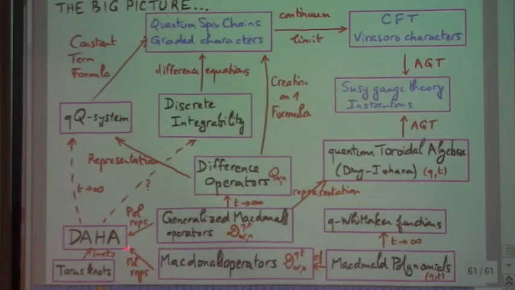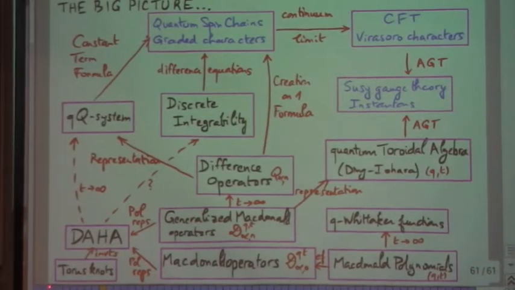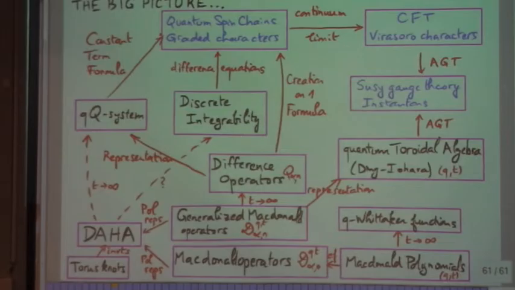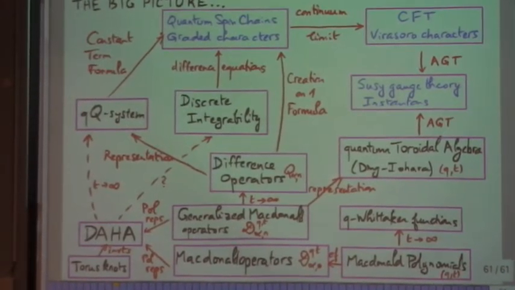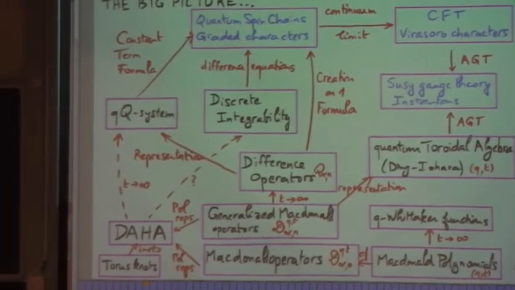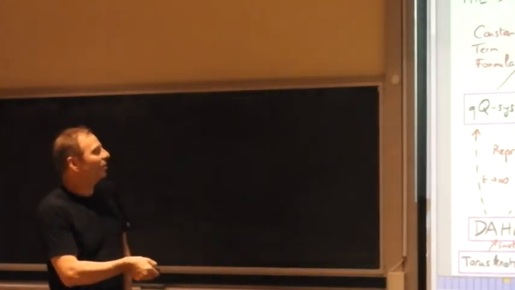Now, DAHA is also useful not just for the theory of Macdonald polynomials, but also for torus knot invariants, as you can see, because my matryoshka have everything to do with knots, right, in this representation. Okay, and then there are limits you can take.